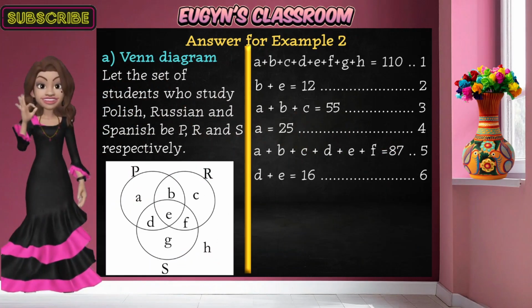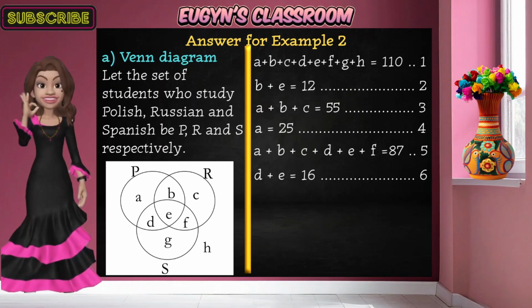Next, 40 students study at least 2 of the 3 languages. At least 2 means either they're studying 2 languages only, and for 2 languages only there are 3 possibilities, or they're studying all the 3 languages.